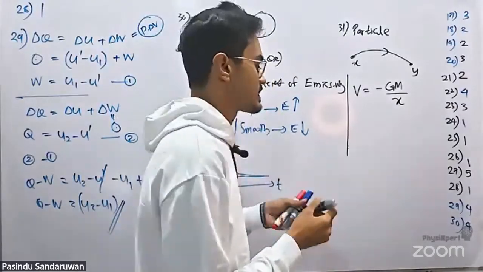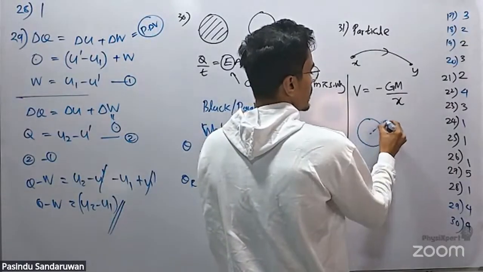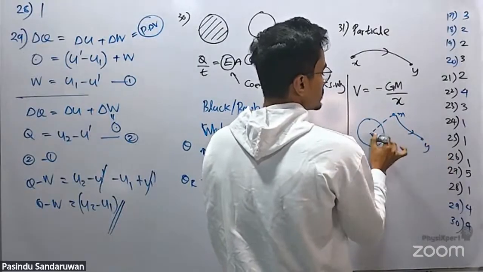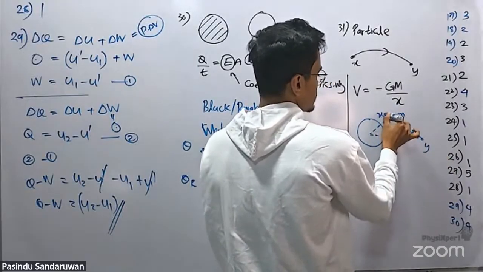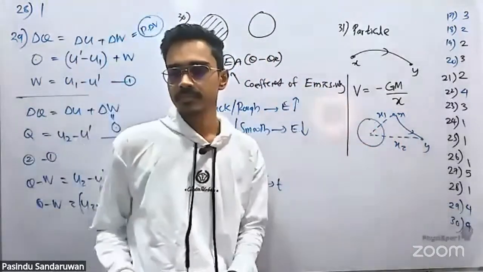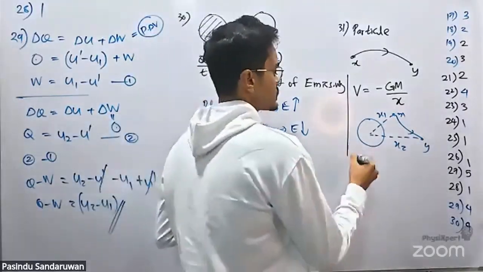Let's say the mass is somewhere here and it moves from X to Y like this. What matters is these two distances only, irrespective of the path. So A is correct.